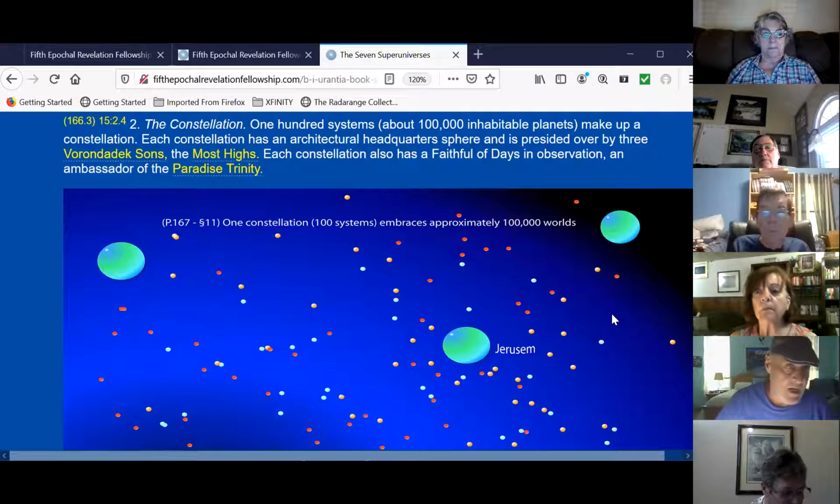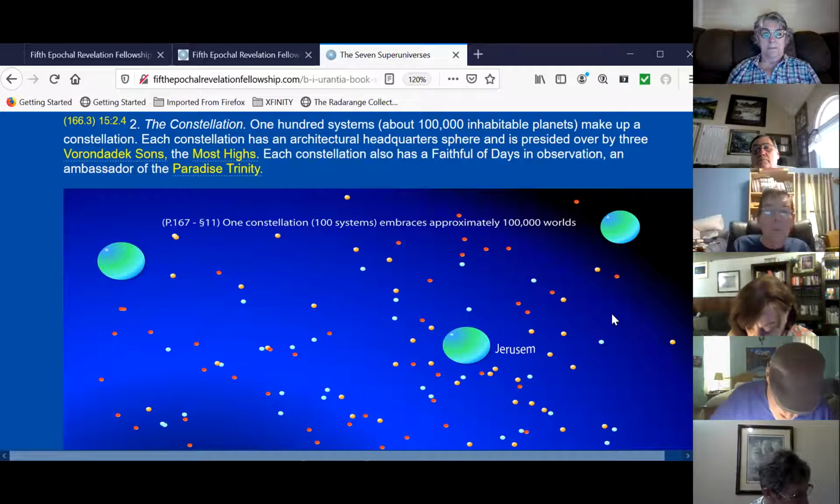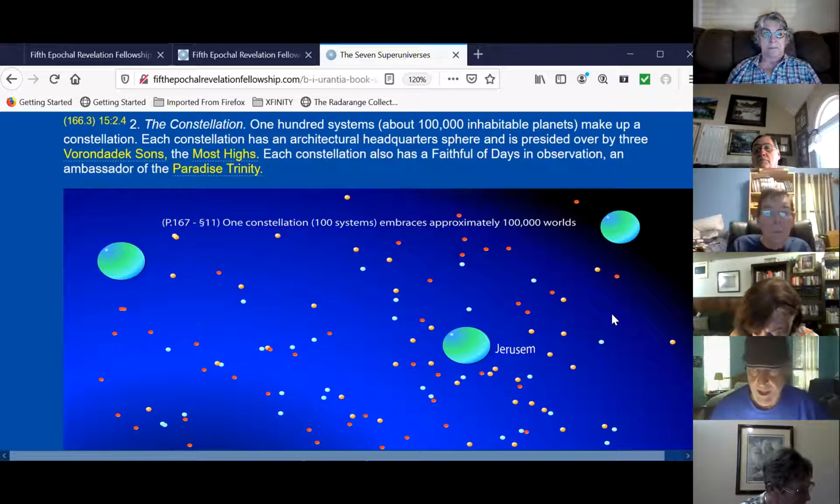Okay, number 2, the constellation. 100 systems, that's about 100,000 inhabitable planets, make up a constellation. Each constellation has an architectural headquarters sphere and is presided over by 3 Urantia sons, the Most Highs. Each constellation also has a faithful of days in observation, an ambassador of the Paradise Trinity.